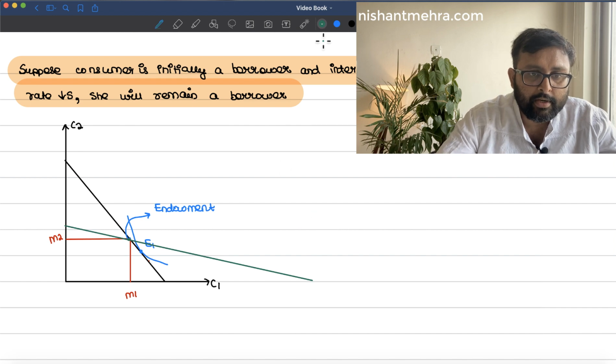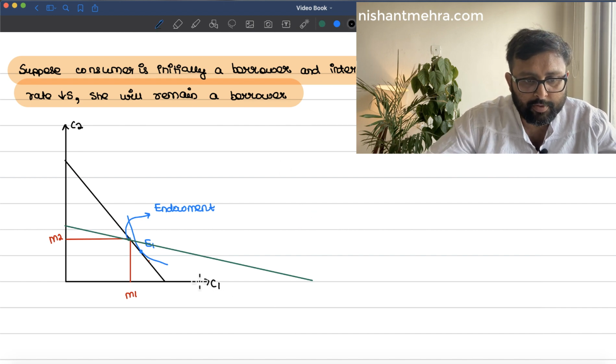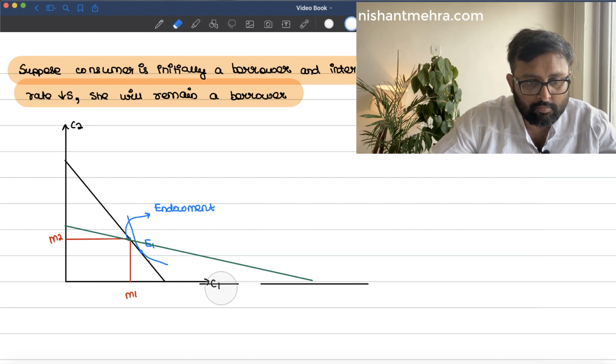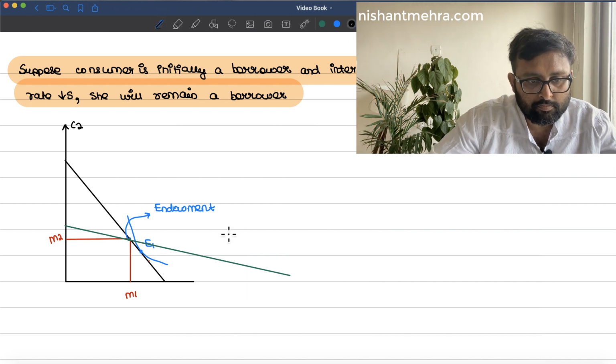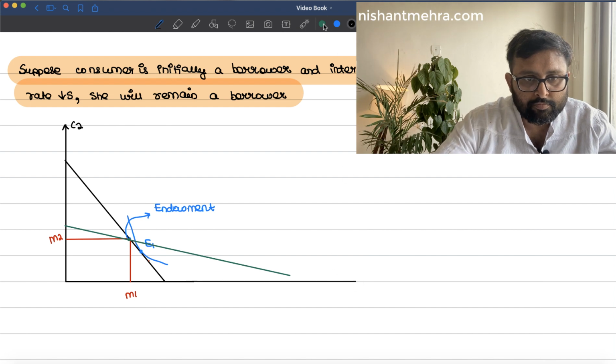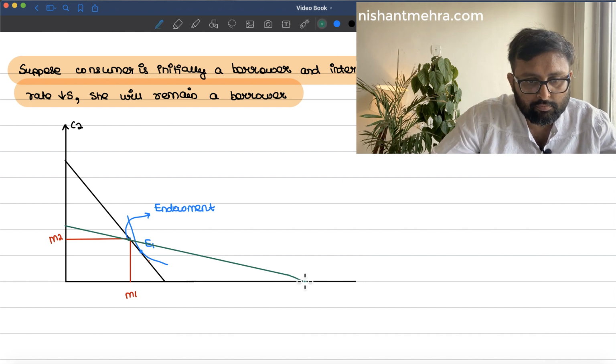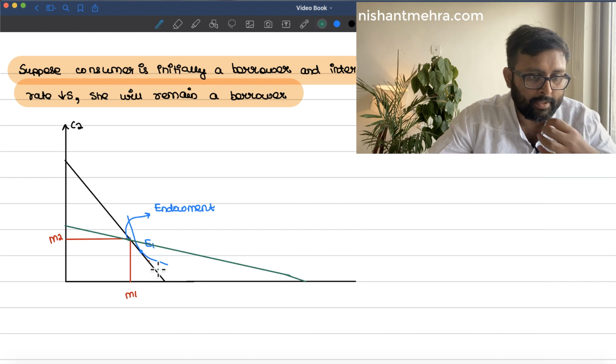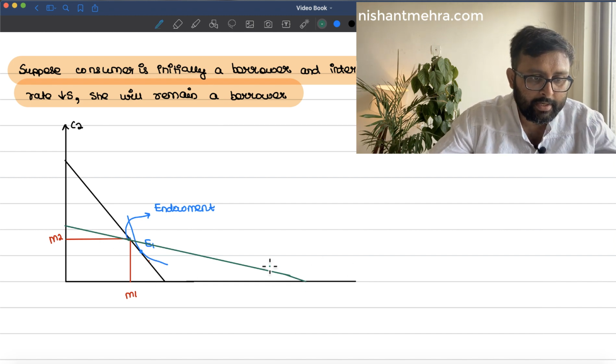And your budget looks like this now. This green budget line is the new budget line.